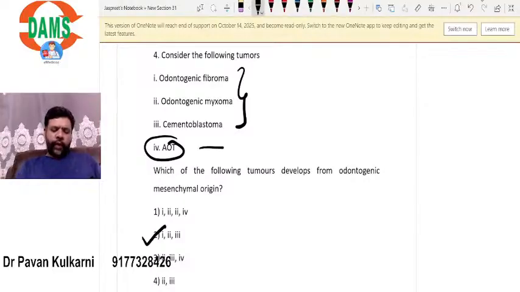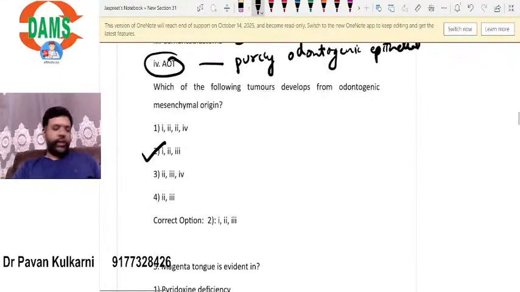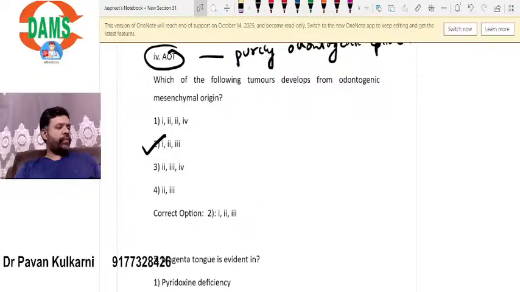This is the one which is purely odontogenic epithelial in origin. Okay, so this is what you are supposed to remember about this particular MCQ.